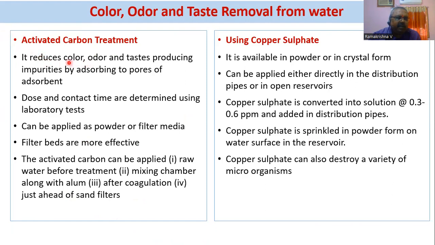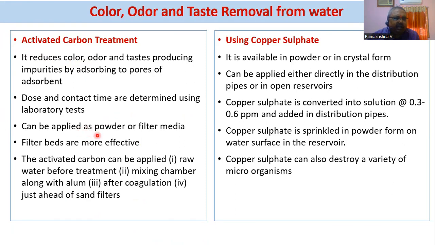Activated carbon treatment will remove the impurities which are causing color, odor, and taste by attaching to the surface of the activated carbon, adsorbing to the pores of that adsorbent. It all depends on the dosage of activated carbon and the contact time we have to maintain. That will be determined using a laboratory test.